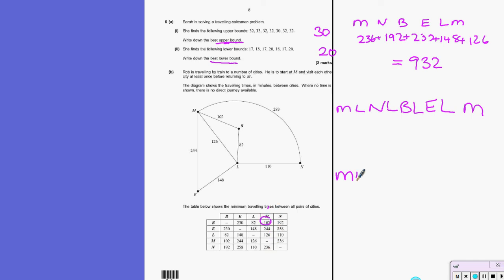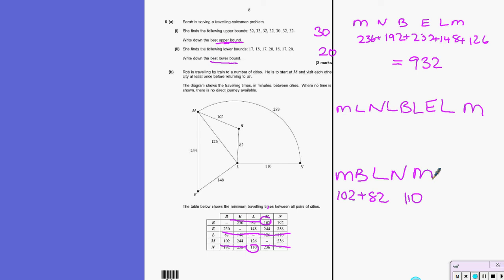So you'd go to B for 102. From B, you would look down and go to L, which is 82. From L, you would look down and then go to N, which is 110.